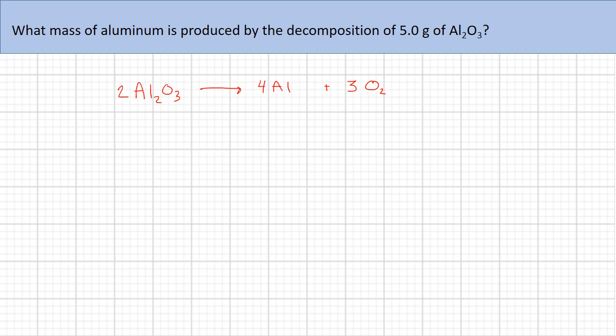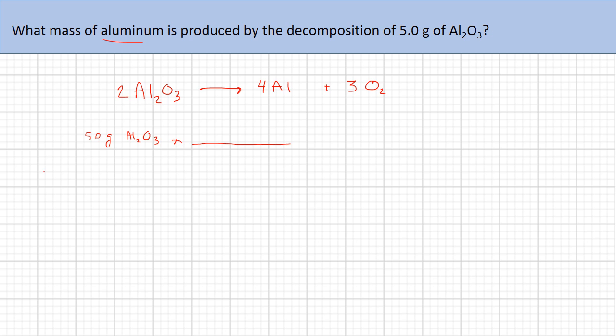We know what we're looking for. We've got 5.0 grams of Al2O3, and we are trying to figure out how much aluminum is actually being produced. First thing we're going to do is find the actual mass of Al2O3. I've jumped ahead for you and done a little bit of math.